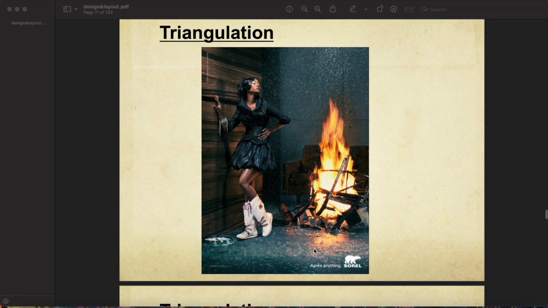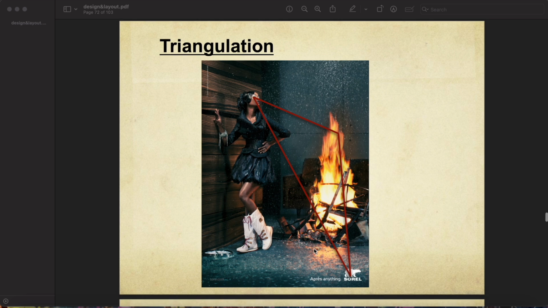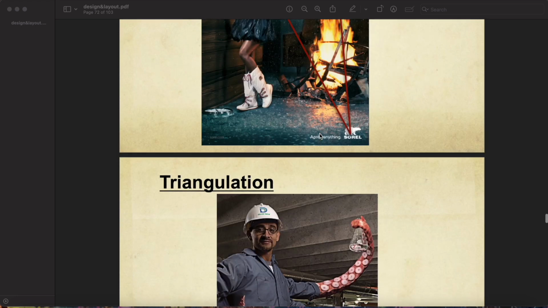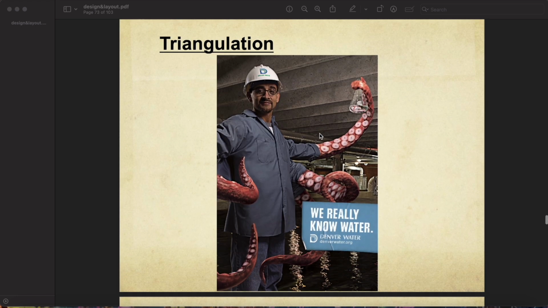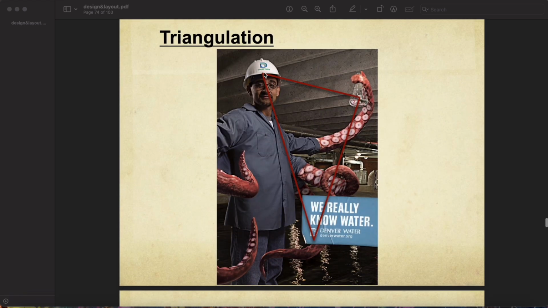Then we have triangulation. The model's eyes are triangulating, and it's moving our eyes from her eyes to the flames to the brand or logo, and then back up to her. We have triangulation here. Similar scenario.